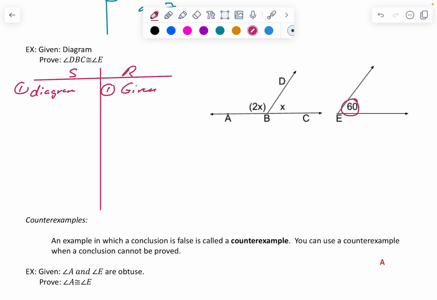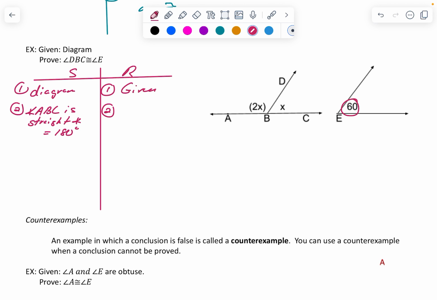I also can see straight lines and such. So on the left side there, I can see ABC is a straight line, or in other words, ABC is a straight angle. And so I'm going to say that right now. So I'm going to say angle ABC is a straight angle, which equals 180 degrees.